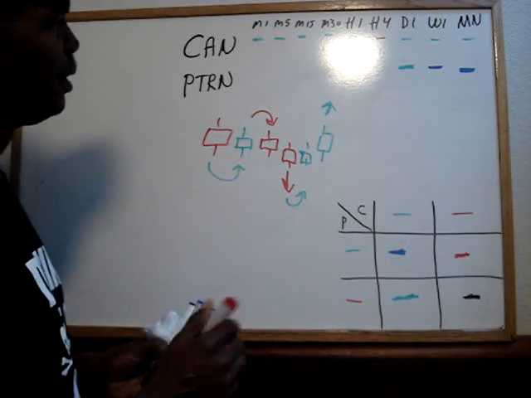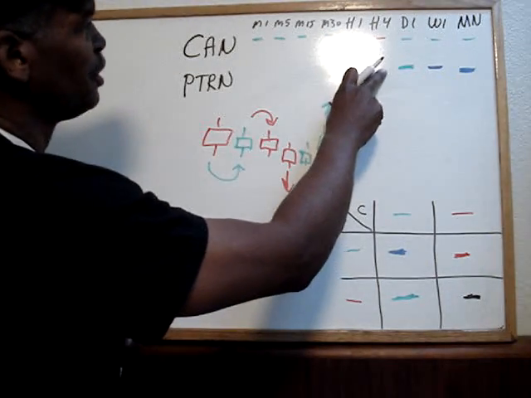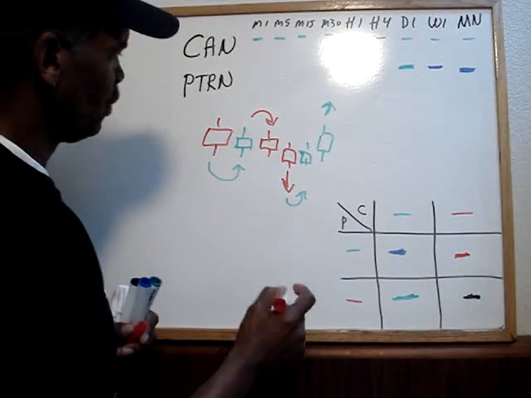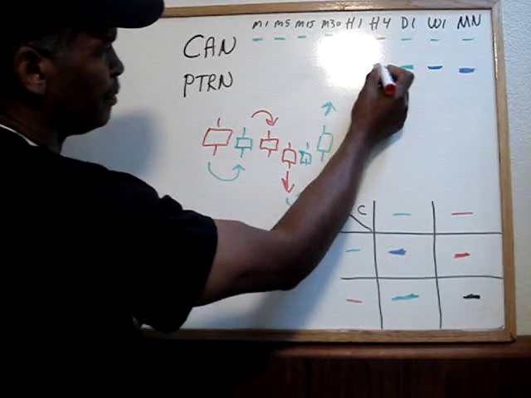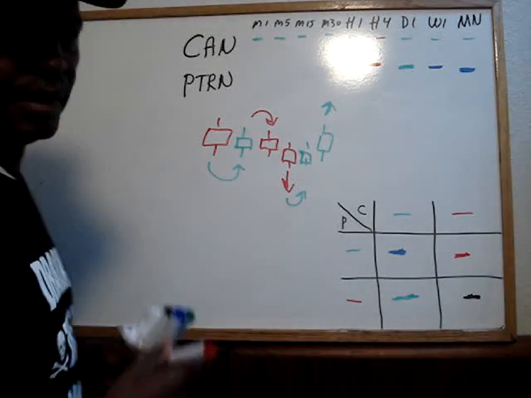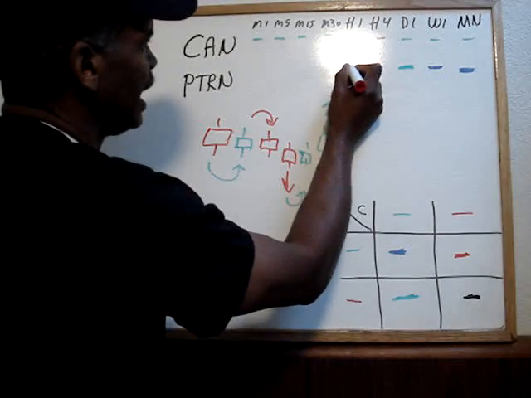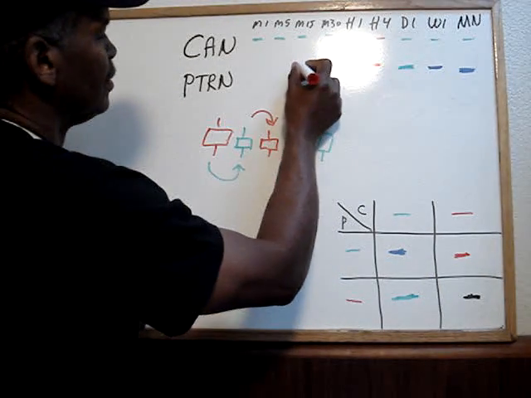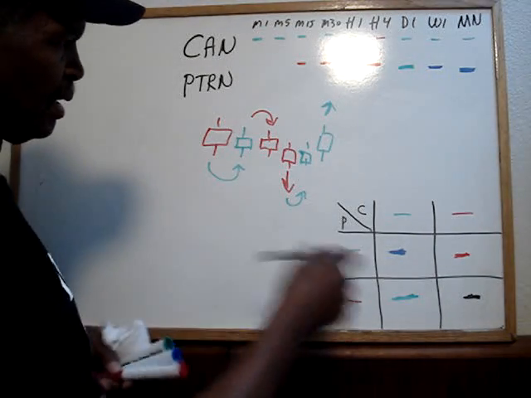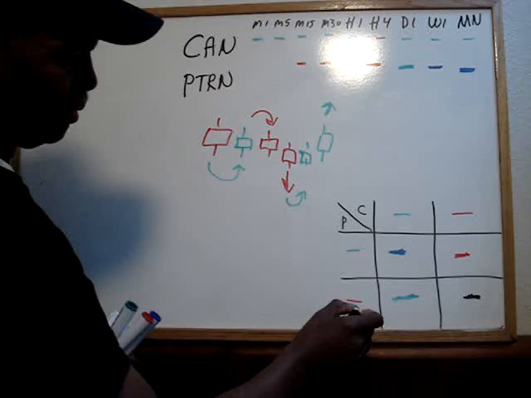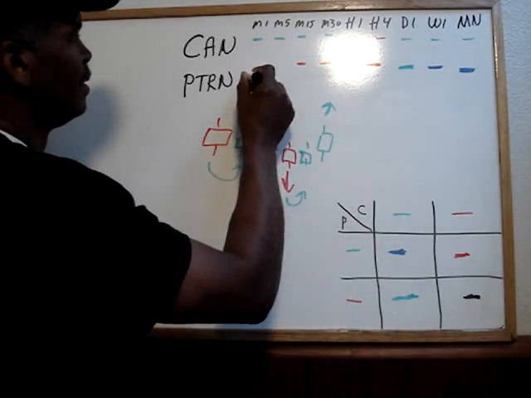So for example, if price turned down on H4, it'd have to have 2 reds in a row. That should be clear. So let's say it also had turned down here. Now, 2 reds in a row is black.